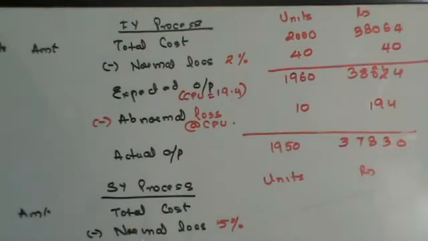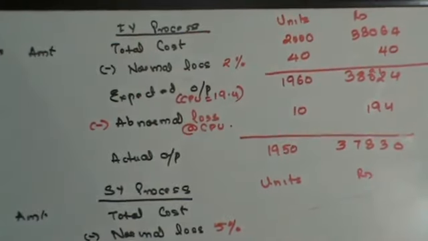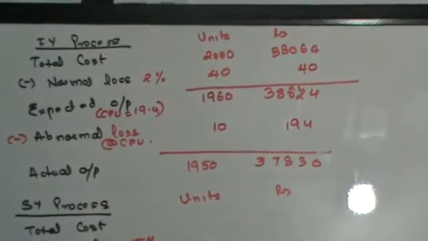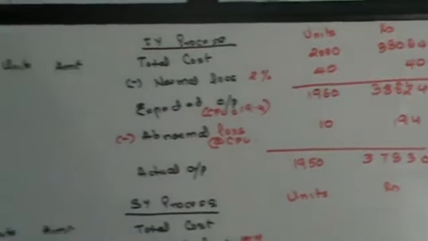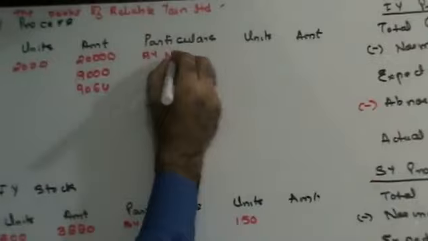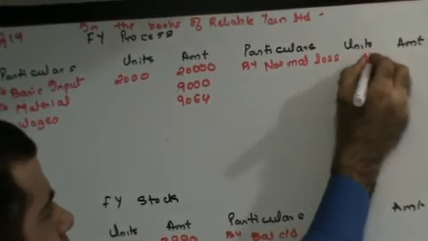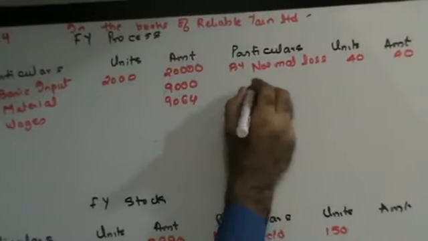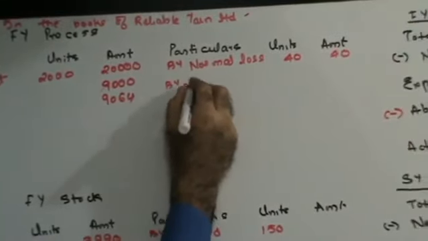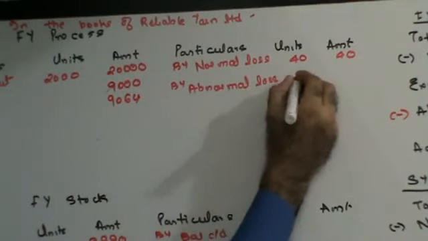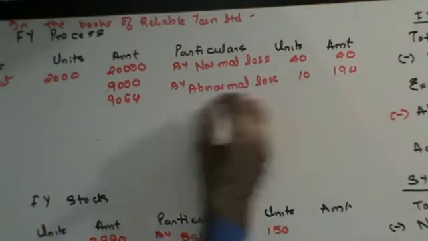This will be 37,830. Right? Once your working note is done, you transfer those entries here. This is going to be by normal loss. Normal loss is 40 and 40 by abnormal loss. Abnormal loss is 10 and 194.